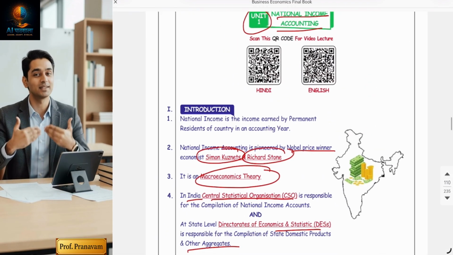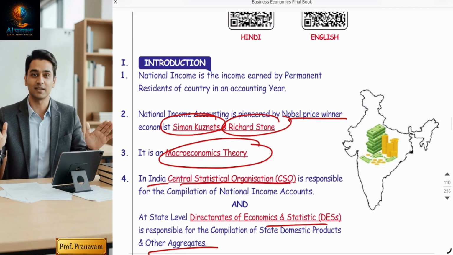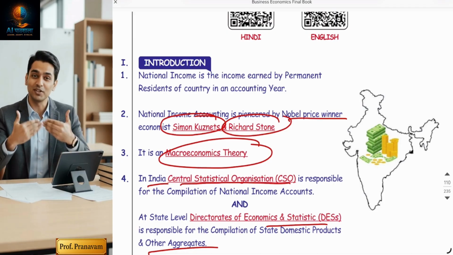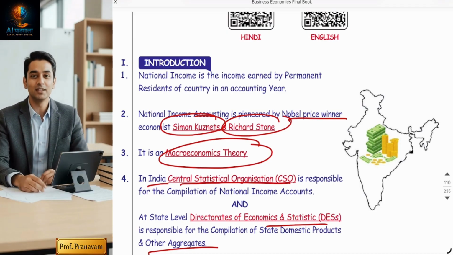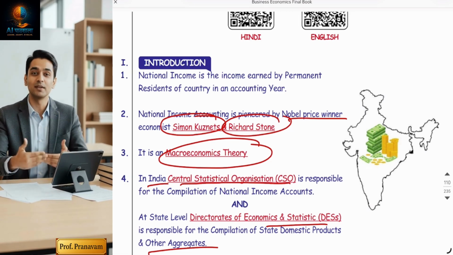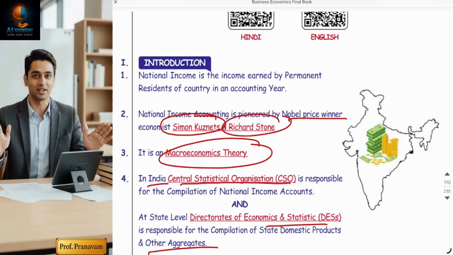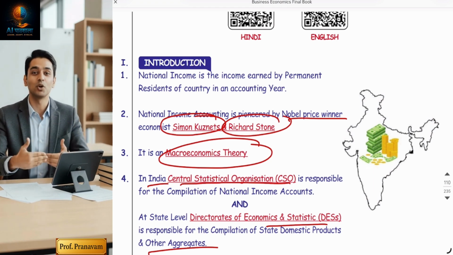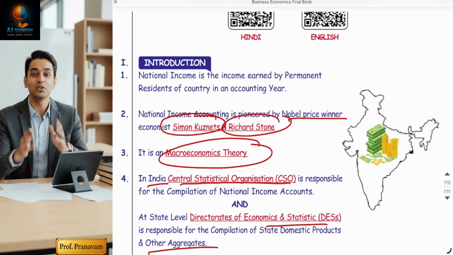But now again the question remains the same. What do you mean by national income? Friends, you can understand that any country does not earn. India is just a place, a piece of land on earth. Am I correct? The name given is India. A country never earns, but the country's people earn.